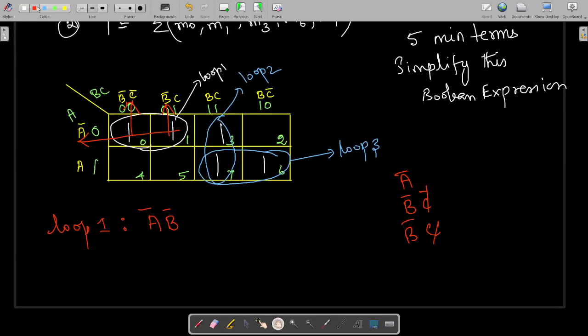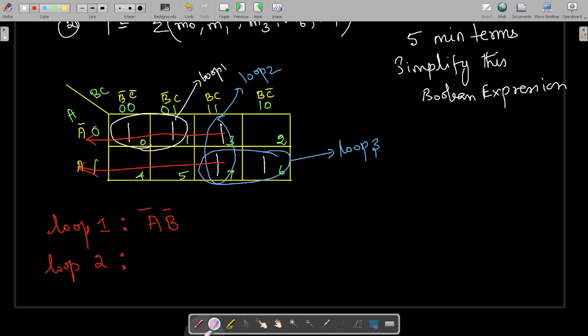Then for the second loop, horizontally I get A bar and A, which get cancelled out. Vertically, we have only BC. No more terms are available, so we write it as such.